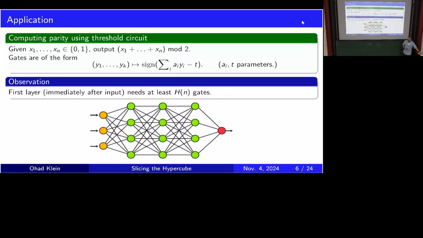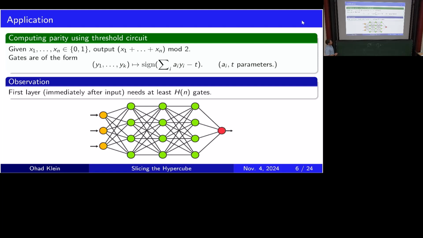And well, nowadays your talk does not count if it does not mention machine learning, so we give an application to neural networks. Suppose you want to construct a circuit that is given as input n bits, and you want to compute the parity of these bits, the sum modulo 2 of these bits.